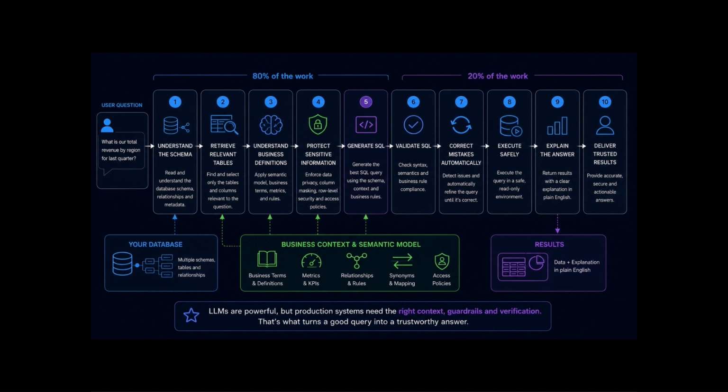Just generating SQL is only one step in the entire process. In fact, it's often the easiest part. The real challenge is giving the model the right context, validating its output, and making sure every answer is accurate, secure, and trustworthy.